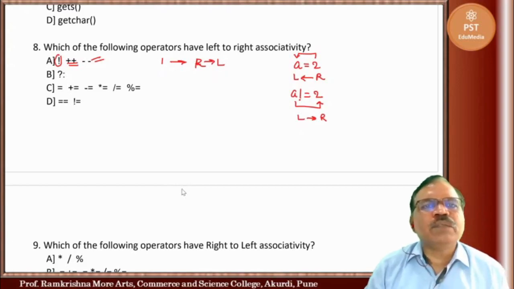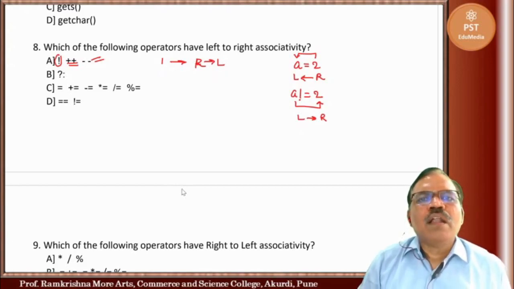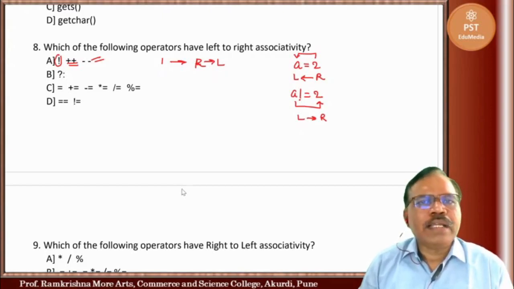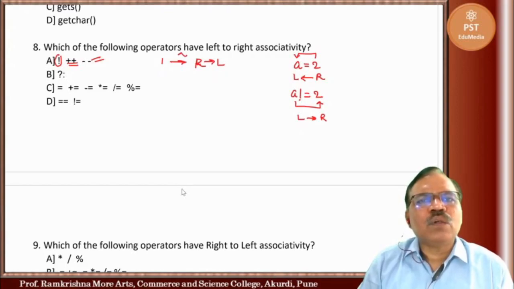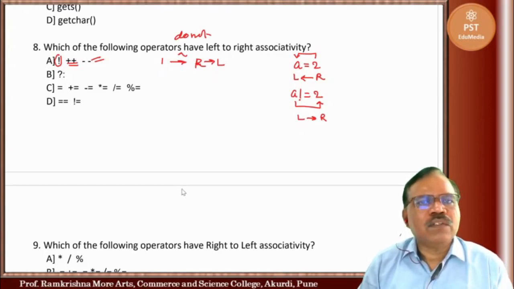One minute, which of the following operators have left to right associativity? Here what do we need? The ones that do not have it, because this one has left to right.